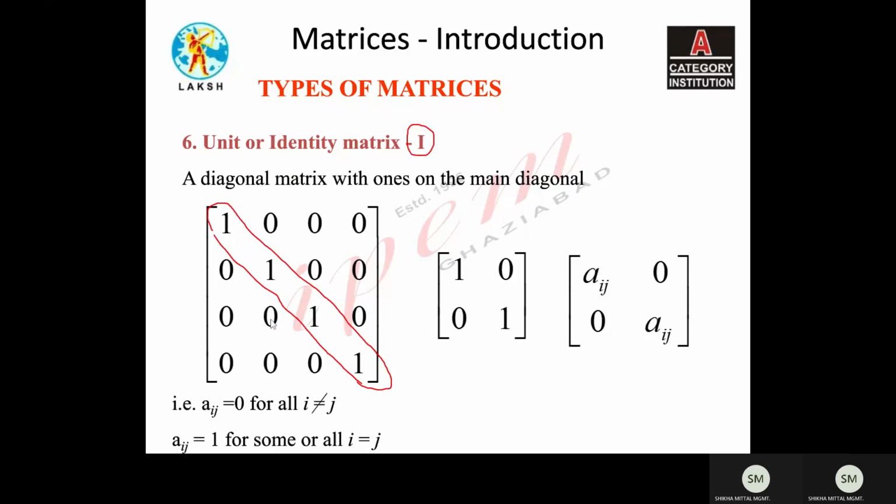This type of matrix is known as unit or identity matrix. In the second example, again we can see that the main diagonal elements are 1, 1. So this matrix is known as unit or identity matrix.